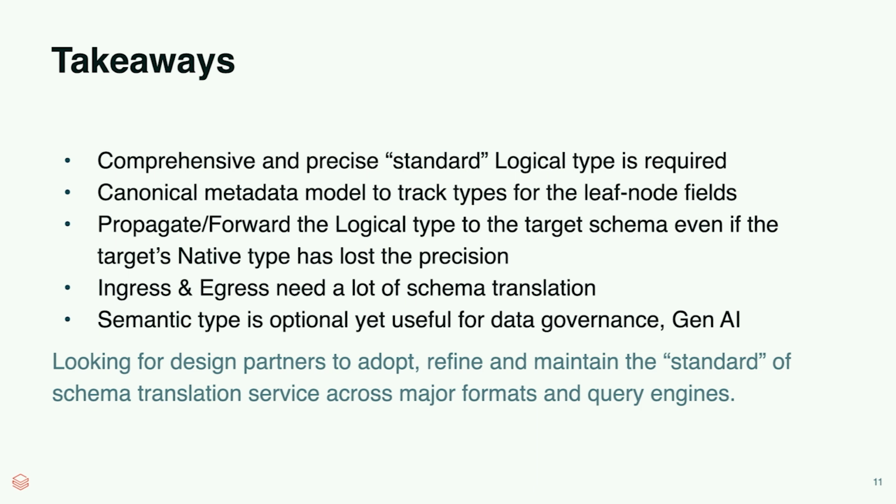The number one thing is we need a comprehensive typing system, beyond the vendor boundary. If Databricks says Spark SQL is my standard, we need to say there's something bigger than that. The other one is that nested data needs to be taken care of. Don't kick the can down the road and think we'll figure it out later. Figure it out as early as possible.